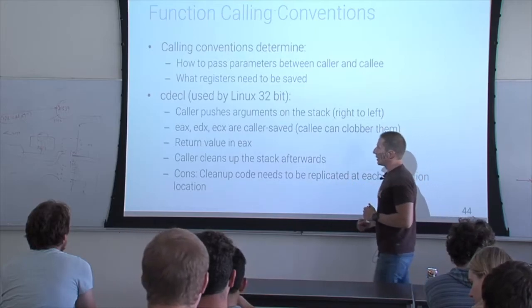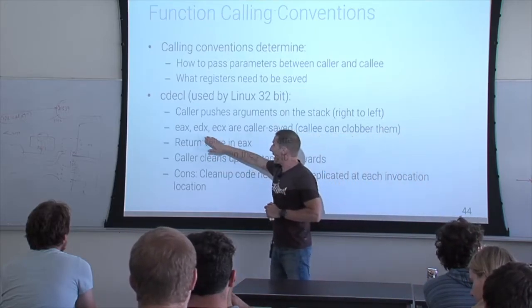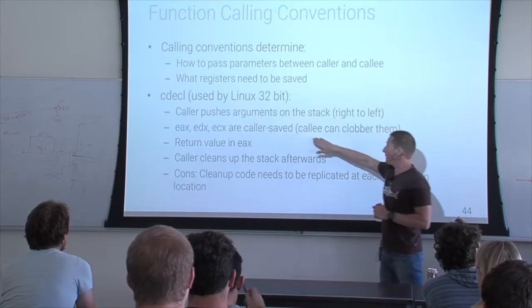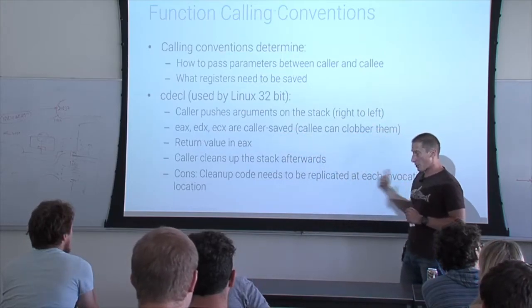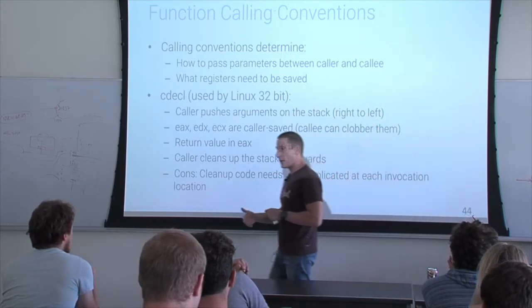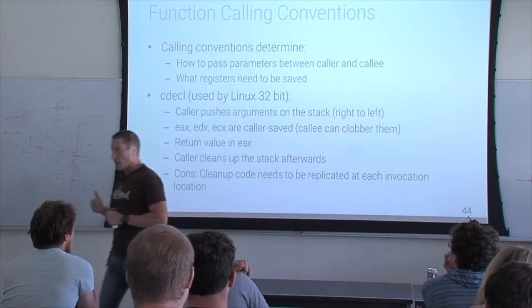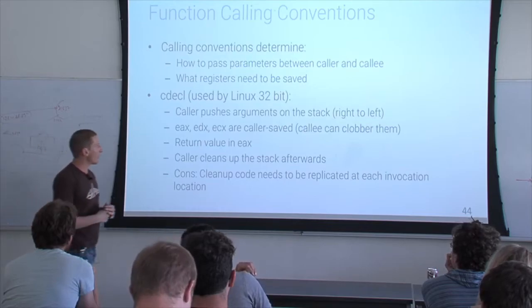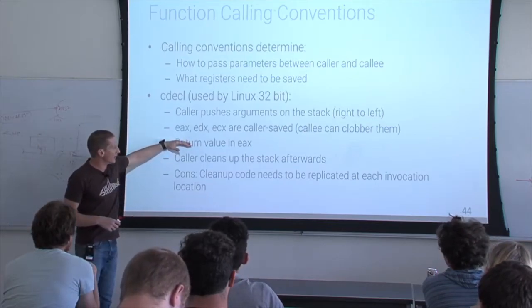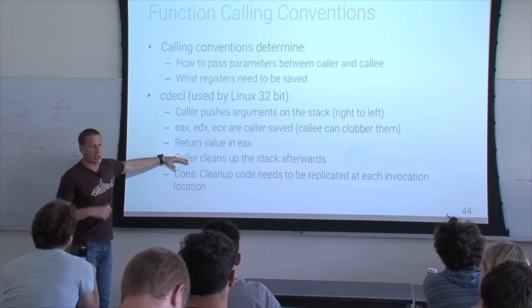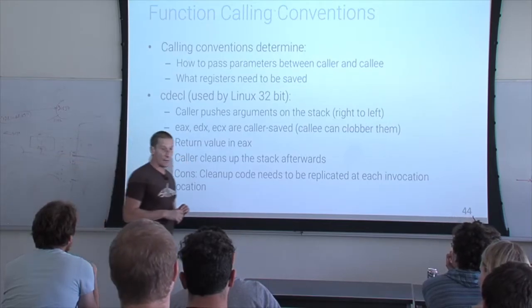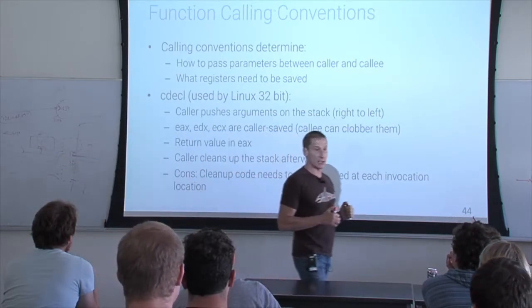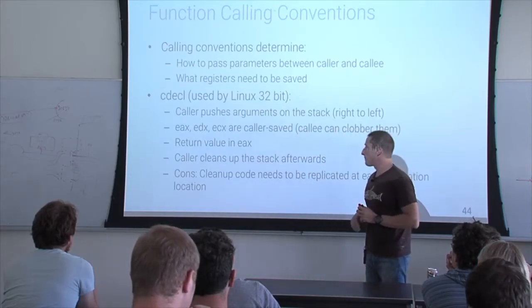Okay? EAX, EDX, and ECX are caller saved. That means that if the caller cares about the values of those, they will be saved by the caller. That means they assume that the callee can actually override them. The return value is in EAX, and the caller is the one that cleans up the stack afterwards. So it's the caller who decides, I'll do the cleanup.